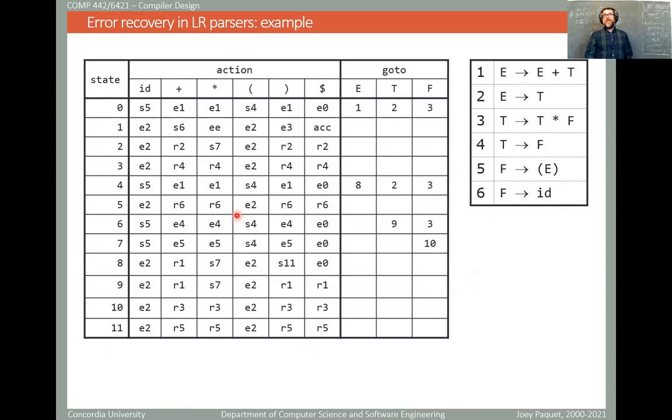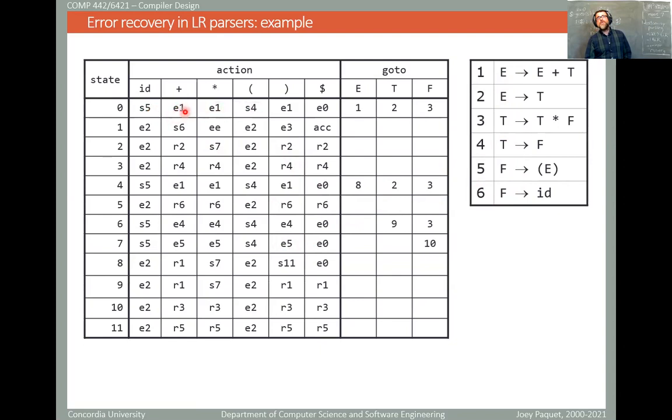So that's the table that we had done for this grammar here. Essentially, this is the SLR table for this grammar that we designed in the previous video or last week. Here, what I've added in the table are the errors.